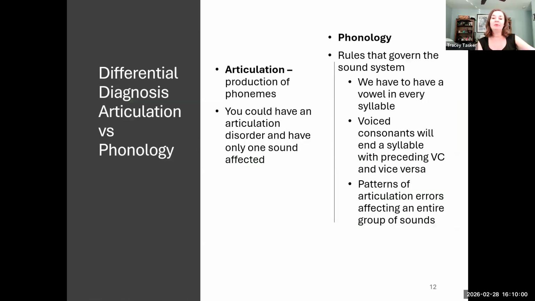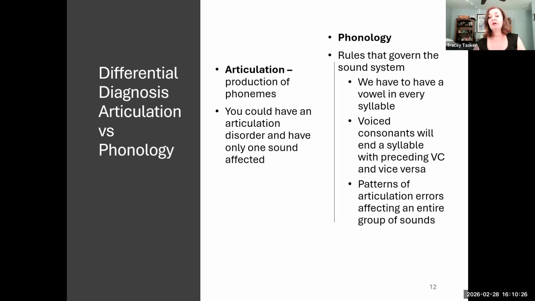Another thing to keep in mind is we want to identify, and we call this differential diagnosis, whether the child has an articulation disorder or a phonological disorder. When we use the word articulation, we're talking about the production, either correct or incorrect, of individual phonemes. So you can have just an articulation disorder and have only one sound affected.